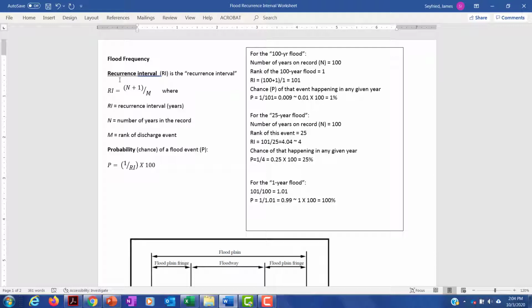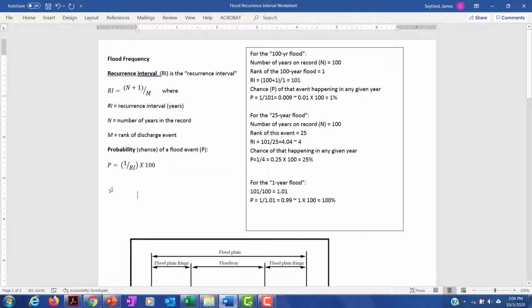And so the probability, that is the chance of a flood, the 100-year flood, in any year, is the inverse of the recurrence interval. So if the recurrence interval is 100 years, the chance of that happening in any given year is 1 over 100, or 1%.